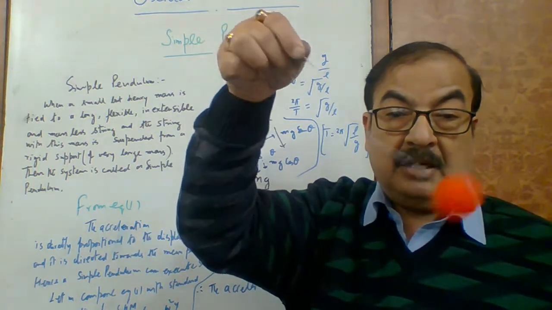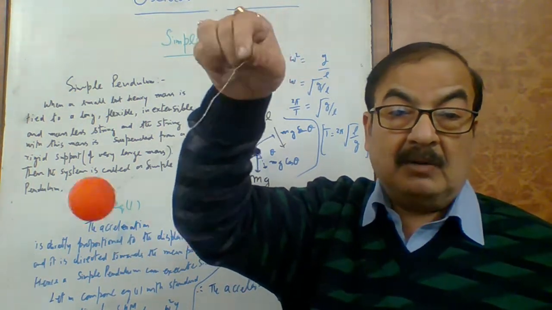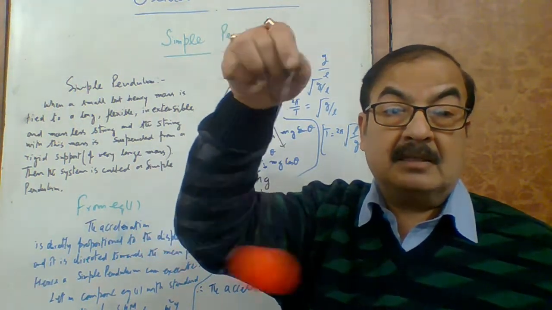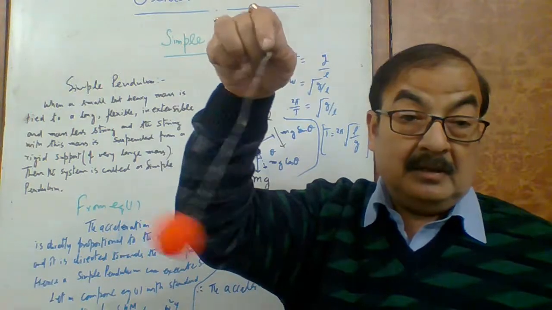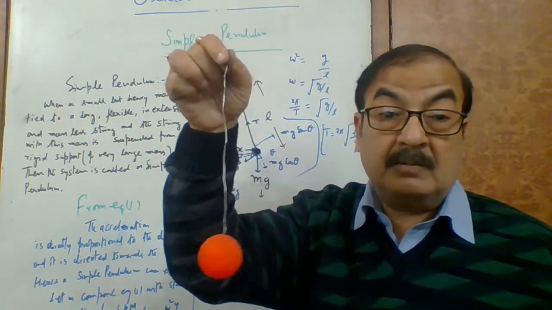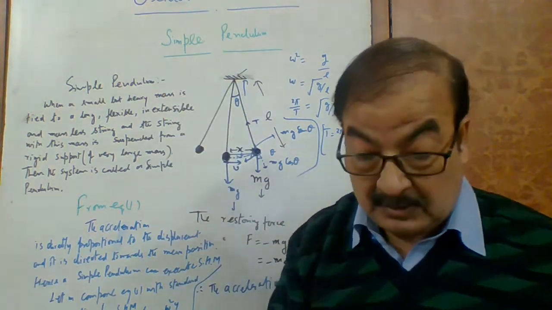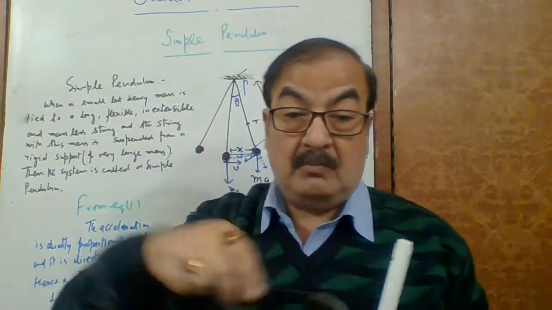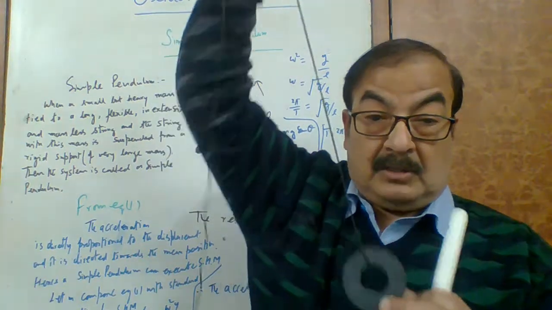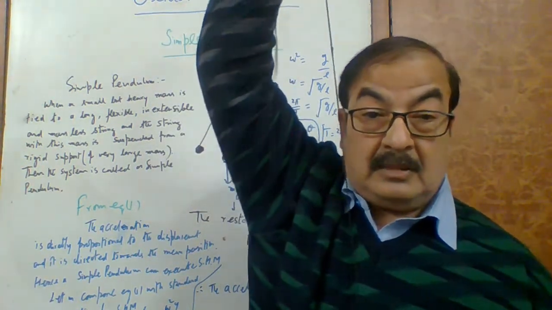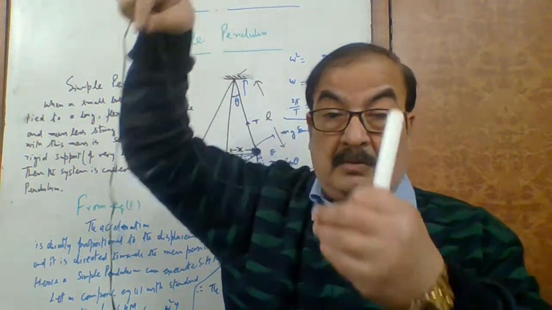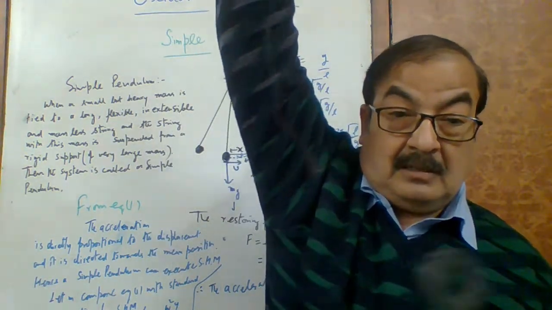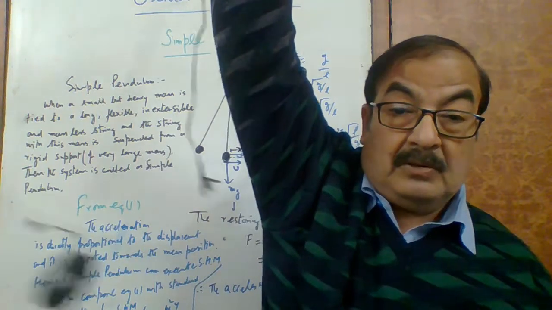Remember, here we are not using any string, but rather we have taken a very fine, massless, and inextensible wire. So this is not the actual pendulum. The actual pendulum was this much, which we showed with the annular base. Because it is very long, the entire thing could not be covered by the camera. So naturally we can very easily show that the motion like this will be a simple pendulum.